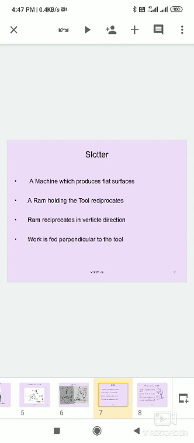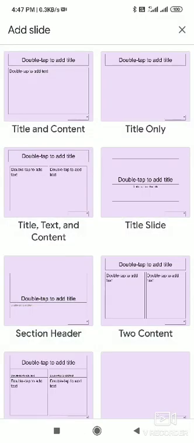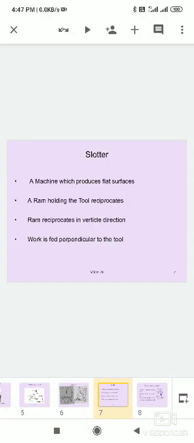In these types of slotter, according to the design and purpose, the slotters are divided into two types. One is the punch slotter and second one is the precision slotter. First one, punch slotter.